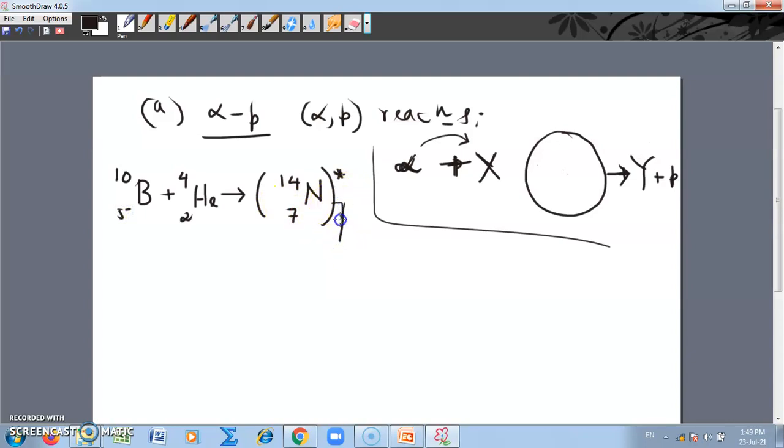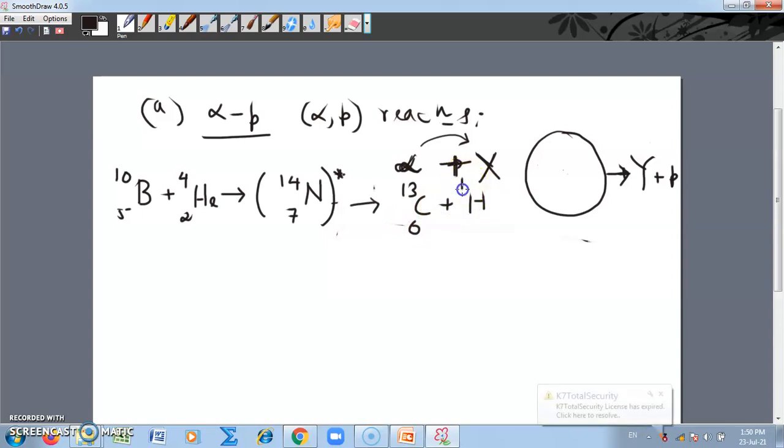Okay, let me find some space out here. So this becomes like this: proton plus some amount of energy.